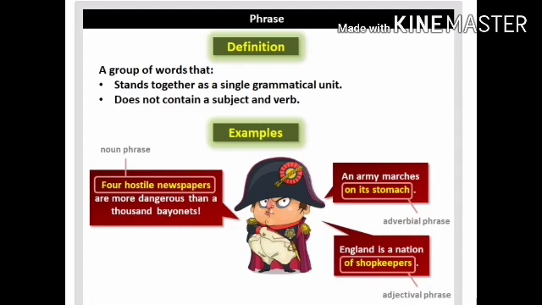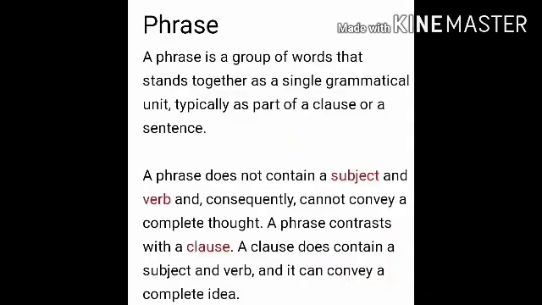So my dear student, what is written inside the box is all phrase. Later you will see what exactly adverbial phrases, noun phrases and adjectival phrases are. For now just keep in mind that a phrase is a group of words which does not have any subject or verb in it, right?